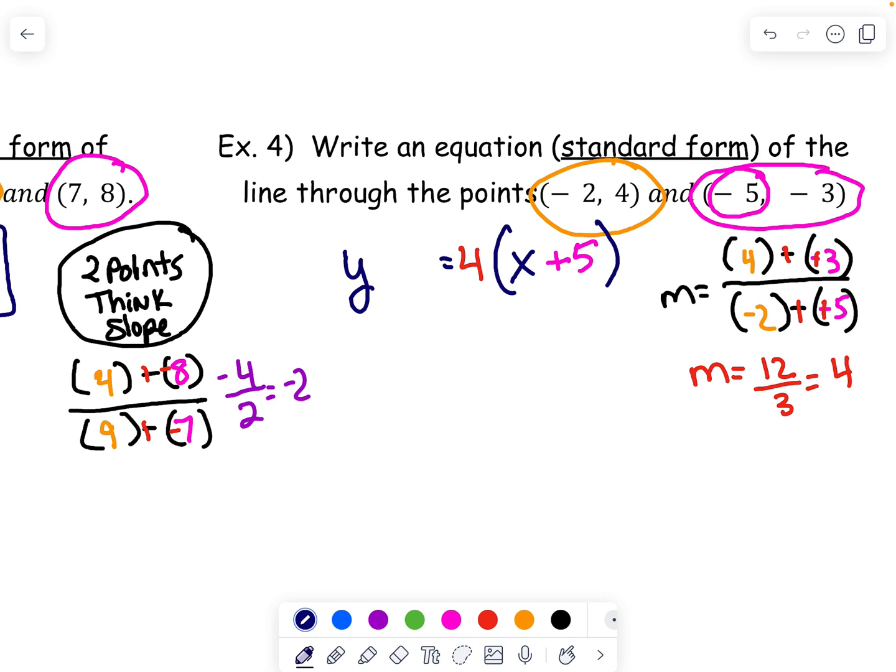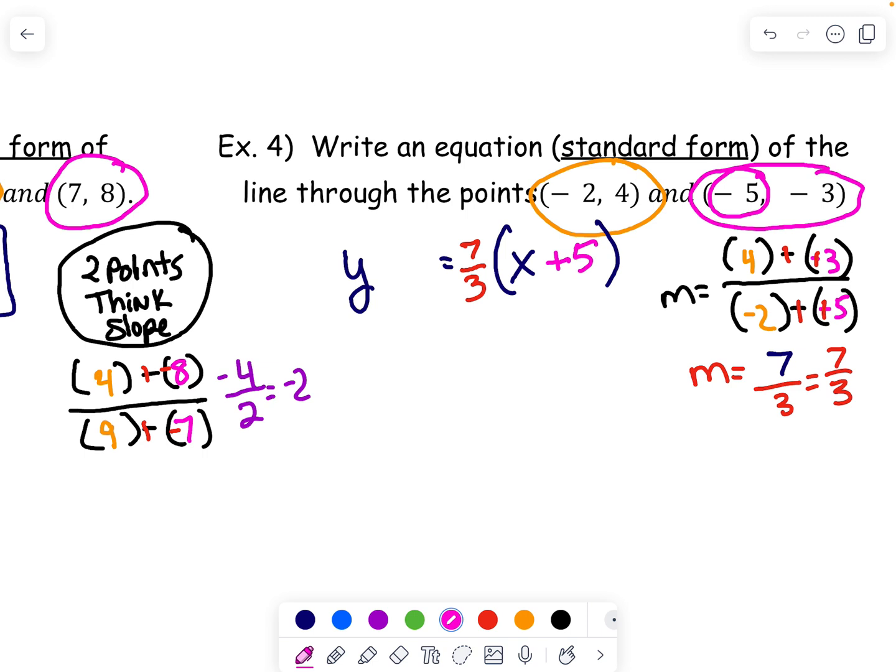Oh, you know what I just did, which was a boo-boo? This isn't 12, guys. 3 plus 4 is 7. So that is a big boo-boo. This is 7/3, not 4. I wanted to make this a fraction so that I could show you how to do fractions, and then I just went right over my mistake.